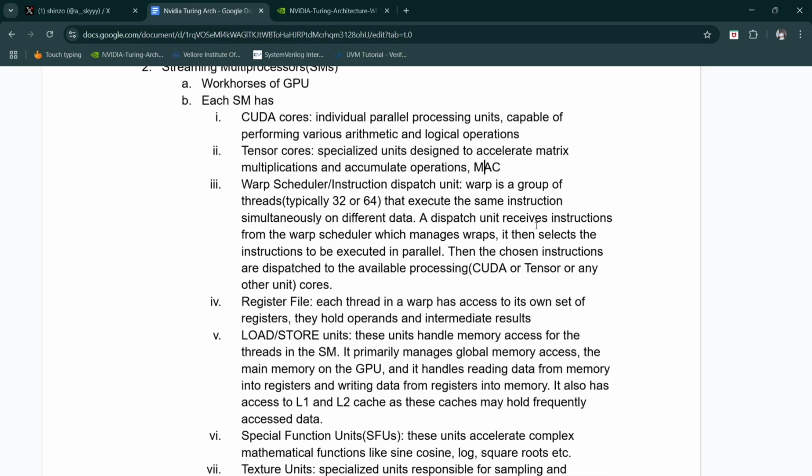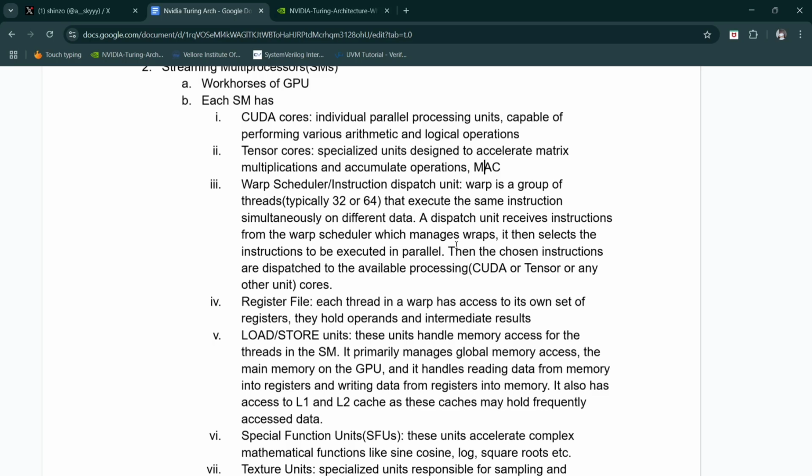Now the dispatch unit gets the instructions from the warp scheduler, and it then decodes the instruction, gets the opcode, and directs the flow to the processing blocks where the main computation happens.